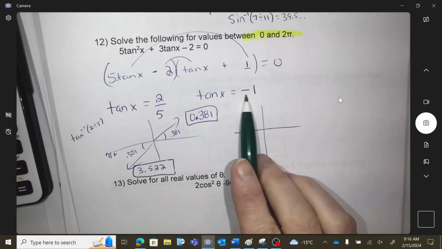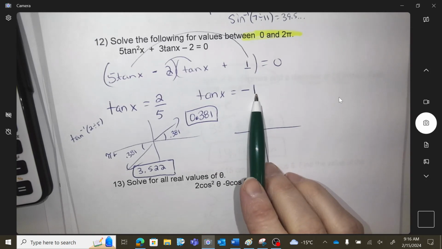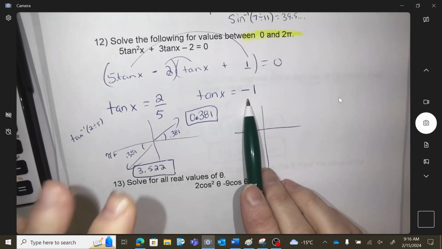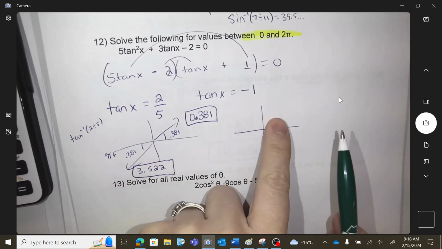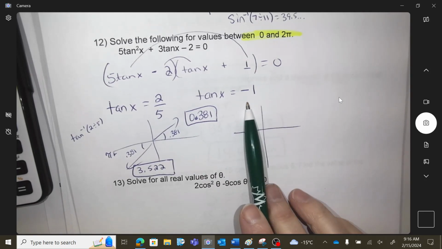Okay, would you recognize this number from a unit circle? So we're done with that. Now we got to flip to this one. Do you recognize this from a unit circle?